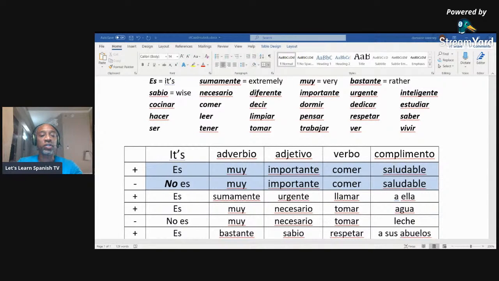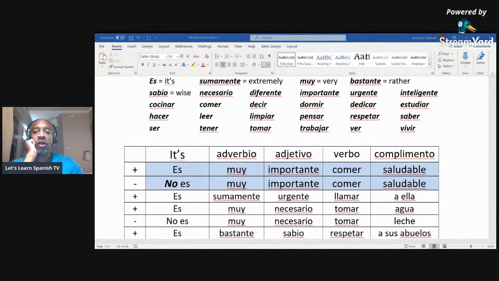We did not conjugate it. So remember, in this exercise we don't have to worry about conjugating the verbs. So es muy importante saber leer, instead of es muy importante sabes leer.